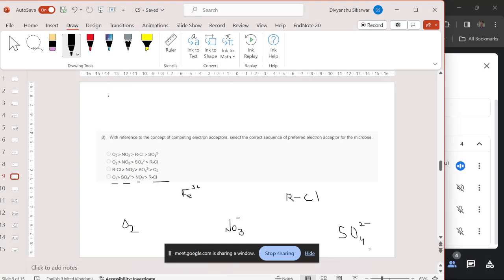For example, in aerobic degradation, there is some compound plus an electron acceptor, oxygen, and the end products will be CO2 and water, and energy.